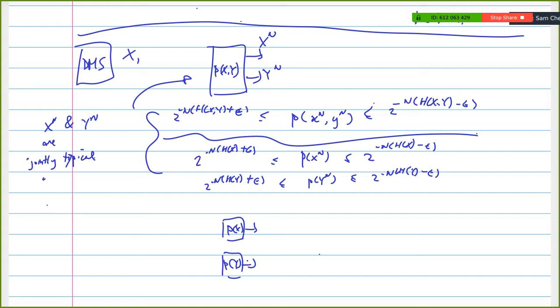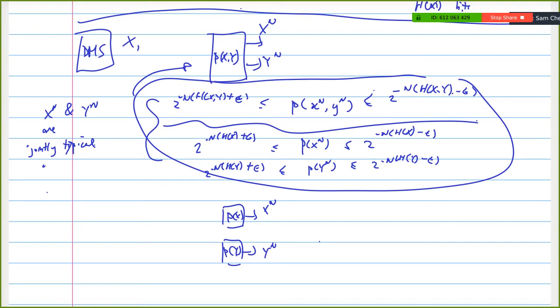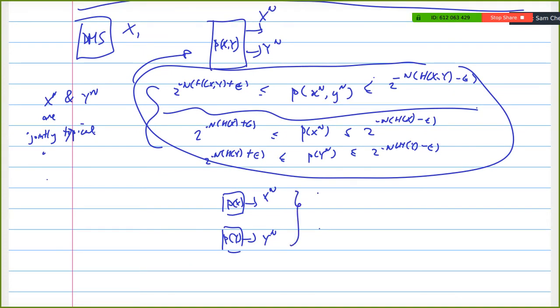We want to know the probability that sequences drawn from these will be jointly typical under this definition. So, what's the probability that this is jointly typical?